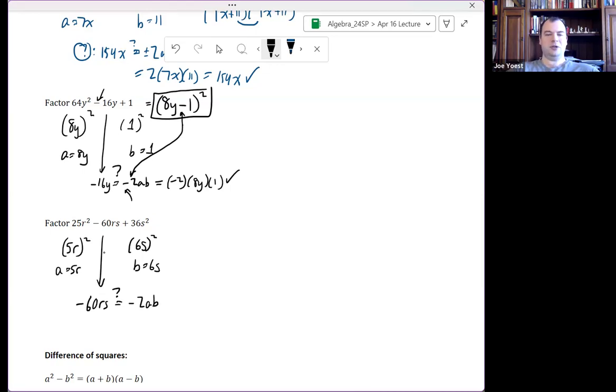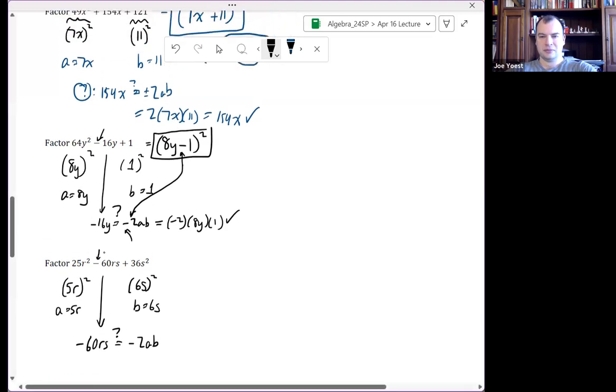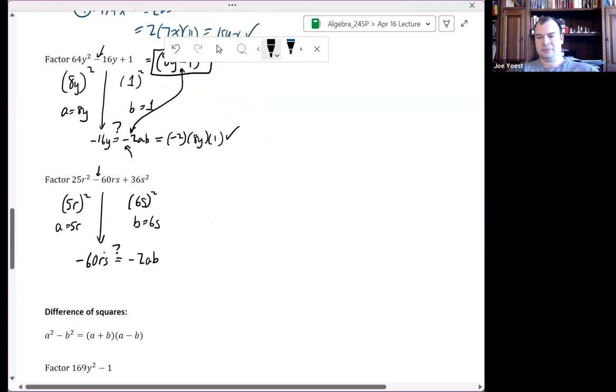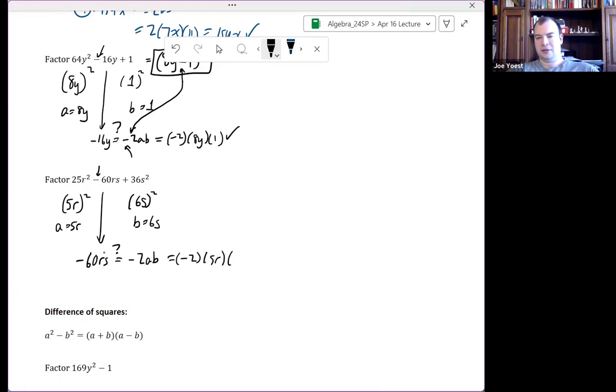Right here, A and B are both positive, so to get a negative sign here, I need to be talking about negative 2ab. Right, that's my cross term that I need to check here. Is that equal to negative 2 times 5r times 6s? Well, that's 5 times 2 is 10, times 6 is 60, negative 60rs.